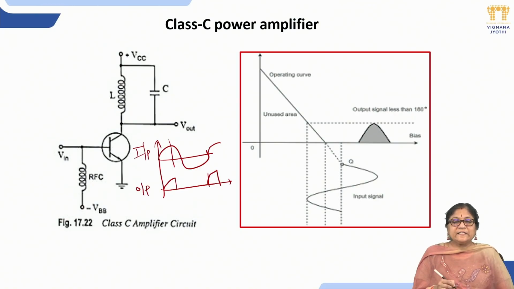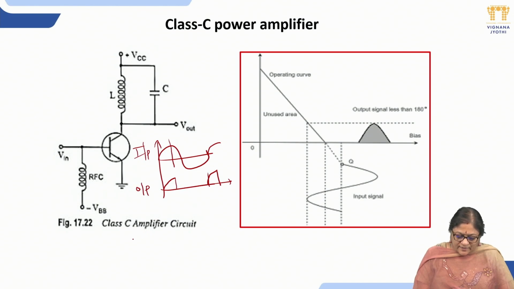So for signals where we require amplification but do not require any resemblance to the input, that is, there is no need to get back the complete input signal as output, we can use class C power amplifiers. For example, carrier multiplication or carrier amplification in analog communications.